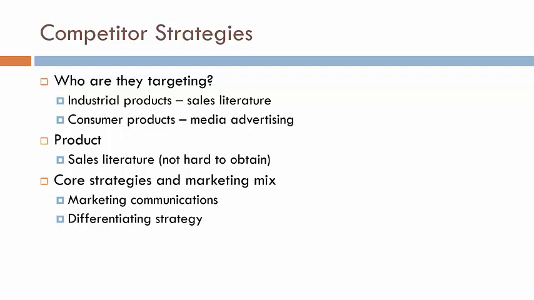Okay, so the core strategies and the marketing mix will depend upon the kinds of products the competition offers and who they think they're competing with. Just like we develop our value proposition and differential advantage based on our competitive advantage, we should expect our competition to also do the same. So that's common knowledge. That's how we're getting all the information.